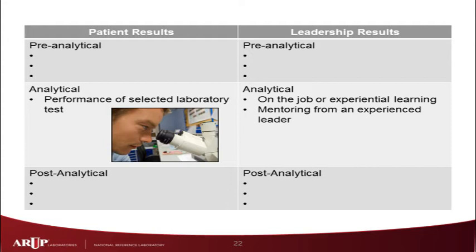So as far as our analytical phase, when we look to leadership results, it's a lot of on-the-job or experiential learning, and it's mentoring from an experienced leader. As I mentioned, have more than one mentor at different times. Different leaders we look to for different strengths, and maybe we can gain things from one individual that we may not be able to from another.